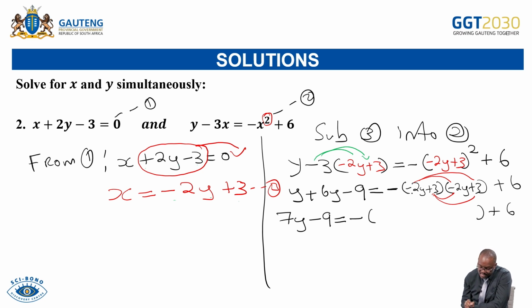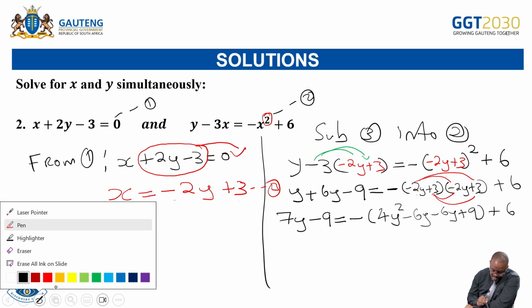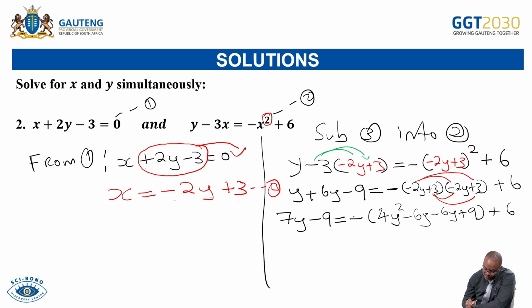So negative 2y multiplied by negative 2y, you get positive 4y squared. Negative 2y multiplied by 3, we get negative 6y, and then we get another negative 6y, then plus 9. Then when we are done, there is still a negative number that needs to be multiplied inside.